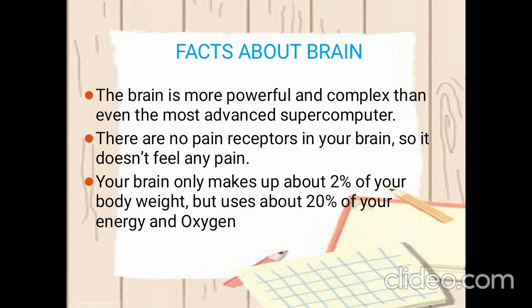See how it works, so that it is faster and more powerful than a supercomputer. 20% of energy and oxygen is utilized for brain activity, and the remaining 80% by the other parts of our body. Are you so interested? Could you clear about these facts? It is so interesting, right?